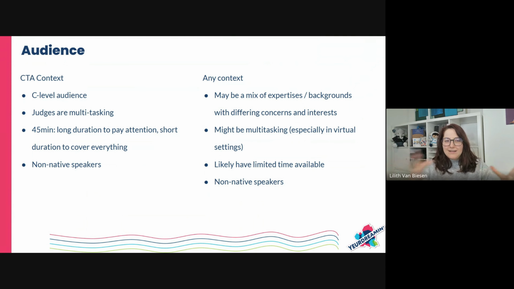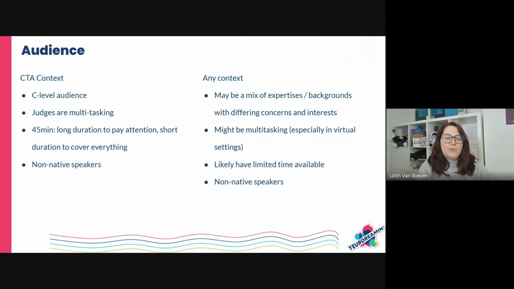Because if we look at the CTA context, which is of course very niche, we are aware, we're dealing there with the C-level audience. We know that the judges will likely be multitasking, right? They're trying to understand what we're saying. They're also trying to understand to what extent our solution covers the needs and covers different domains as well.